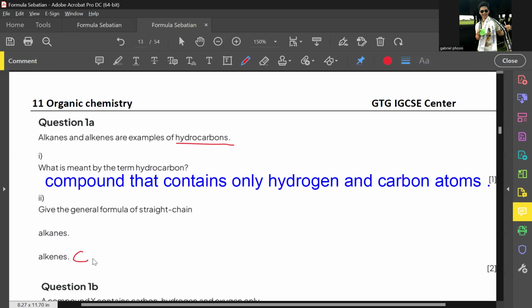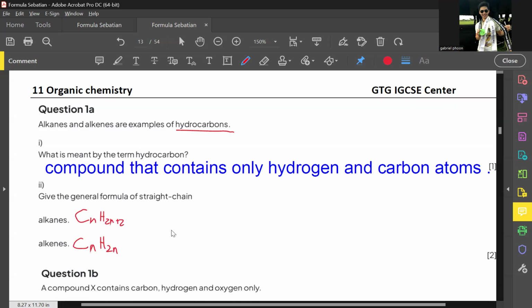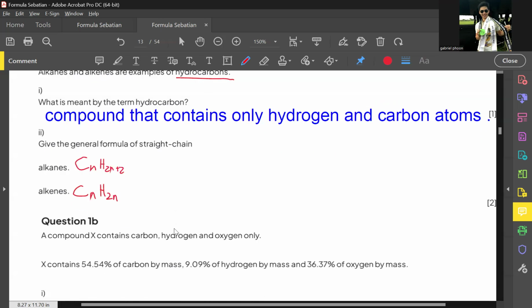We are supposed to have C what? H. Good. Here, instead of alkanes, what's the general formula for alkenes? Cn H2n. Very good. Literally just flip to the back and you'll find the answer. Very straightforward.